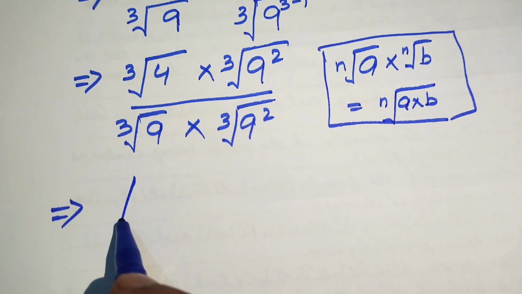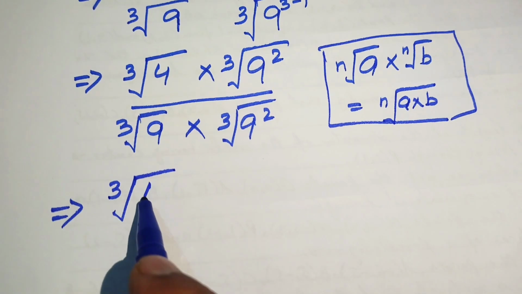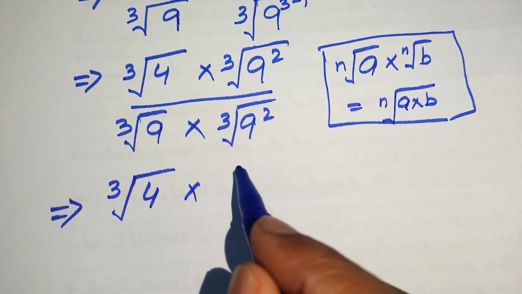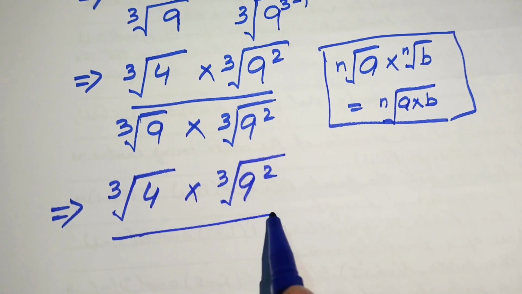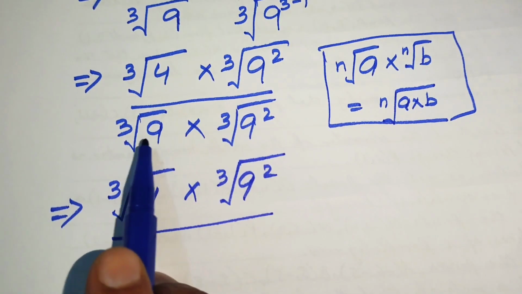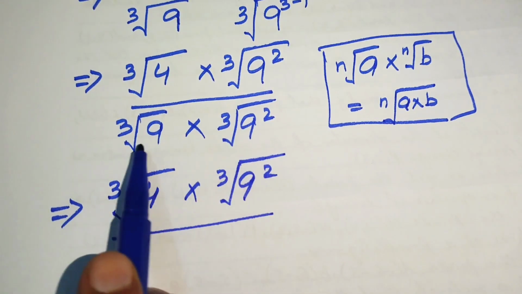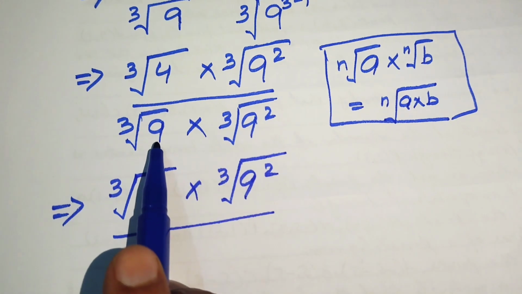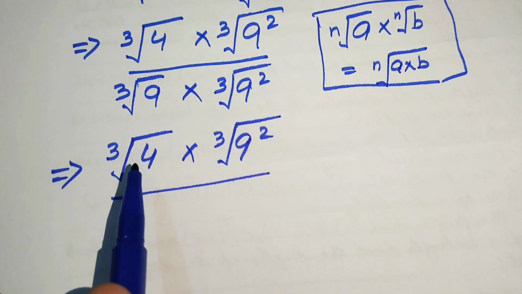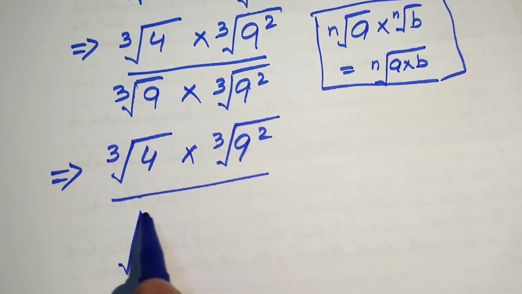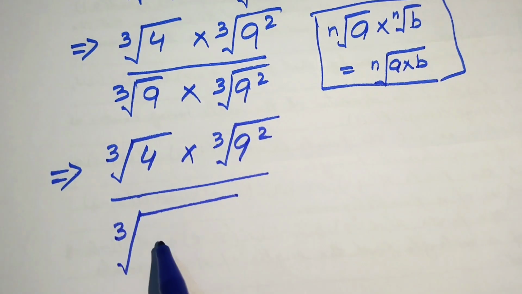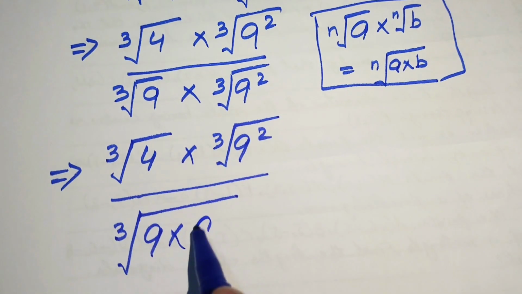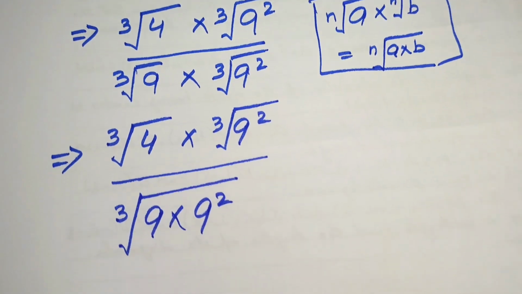We write it as cube root of 4 multiplied by cube root of 9 squared, and here we combine the cube root of these two terms, because you see the bases on both of these terms are the same. So it will be written as 9 multiplied by 9 squared.